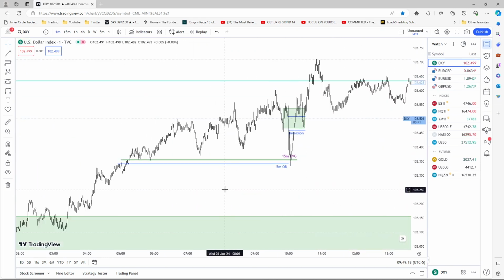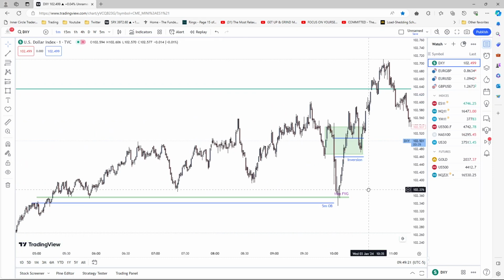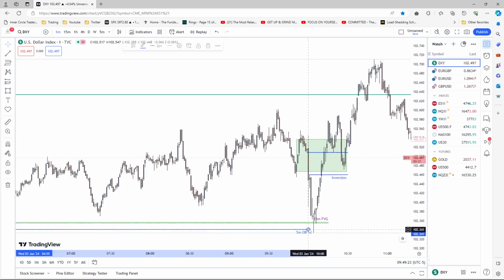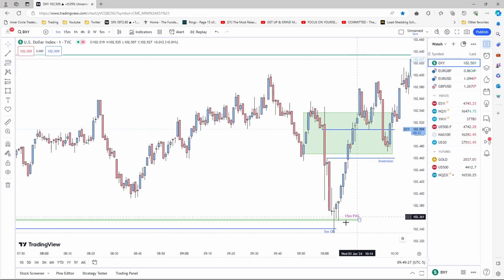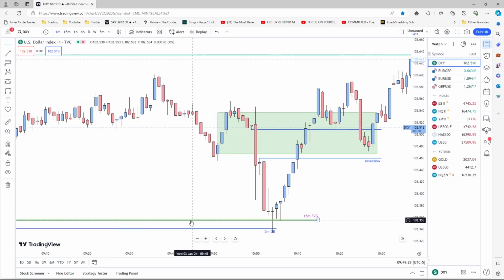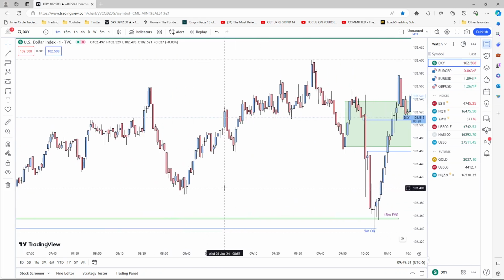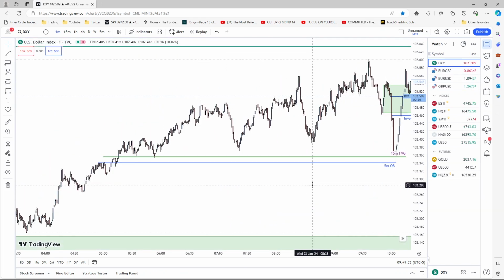Let's go look at these levels. So if we look at these levels, what did I just outline? What I outlined was, number one, price traded below these equal lows, this low and that low over there.